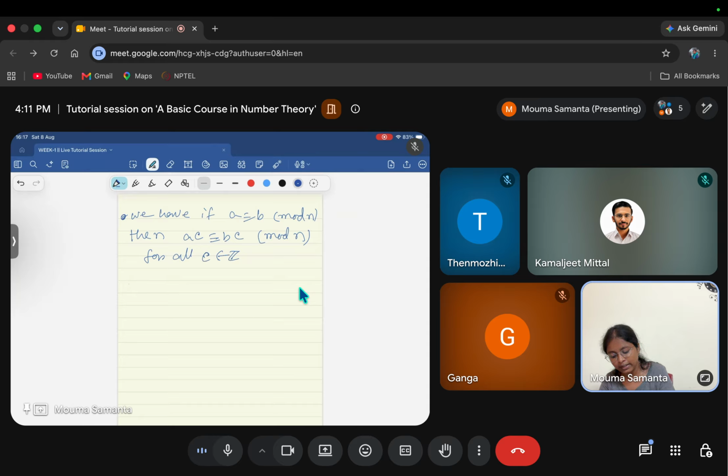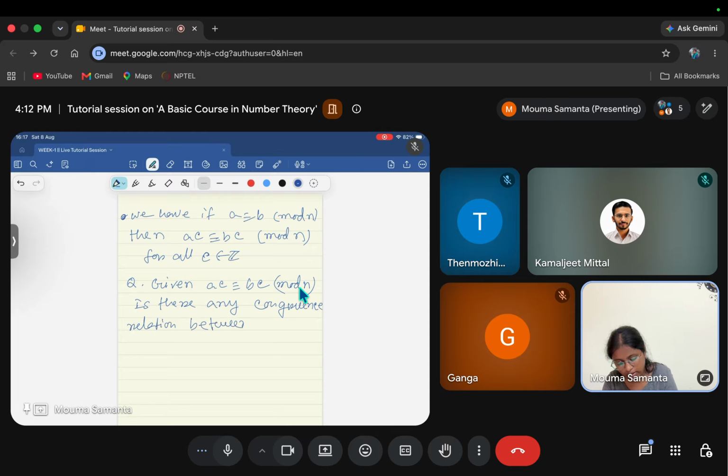But if I want the converse relation, that means given ac congruent to bc mod n, is there any congruence relation between a and b?